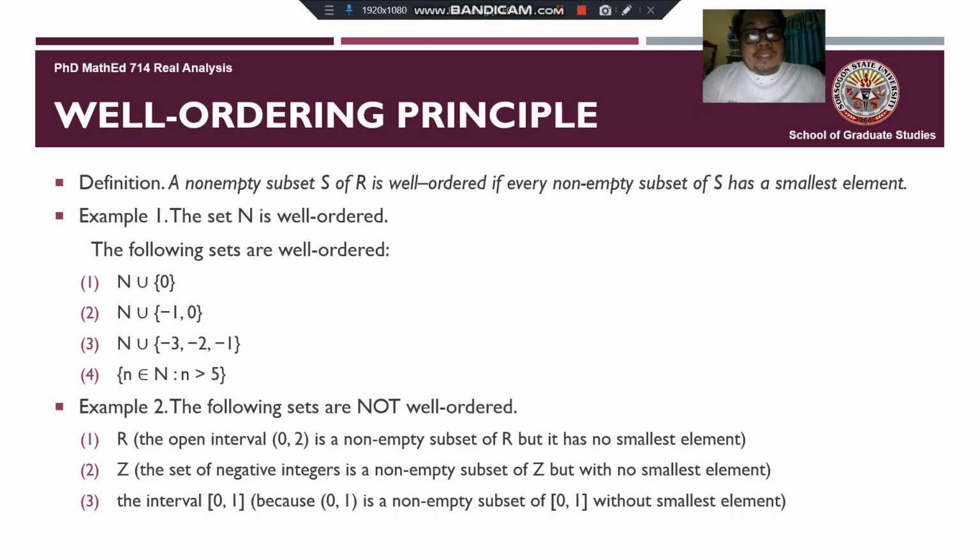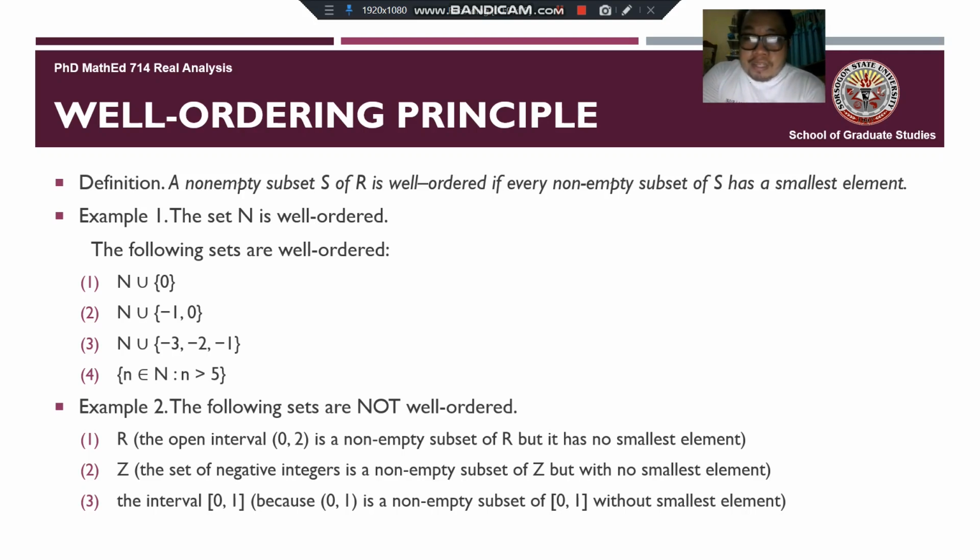If we consider the set of negative integers that starts from -1 to -infinity, we cannot identify the smallest element, since it goes up to -infinity.